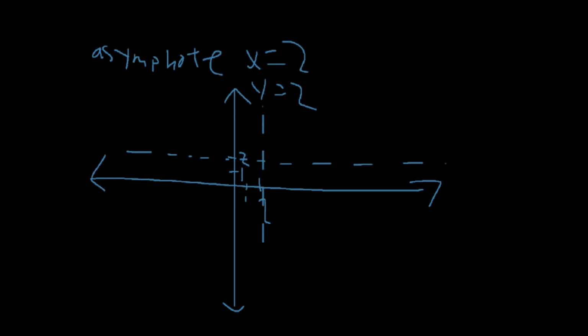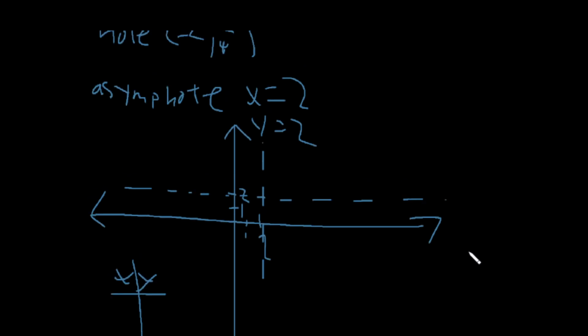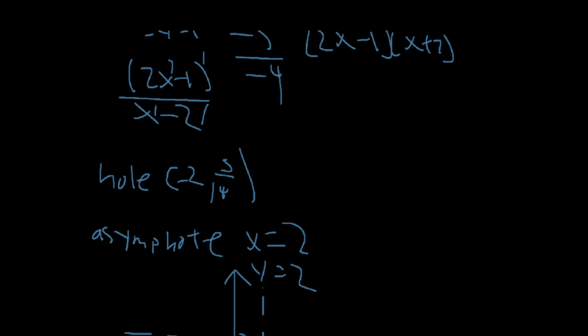So, I made an XY table, and I graphed it. And here are the x-intercepts. We'll get the x-intercepts. So, x-intercept, 2x minus 1, so that's like 1/2, 0, right?